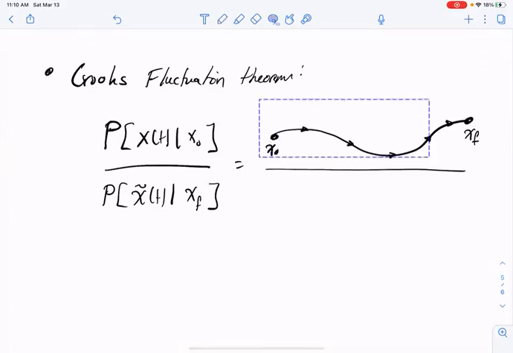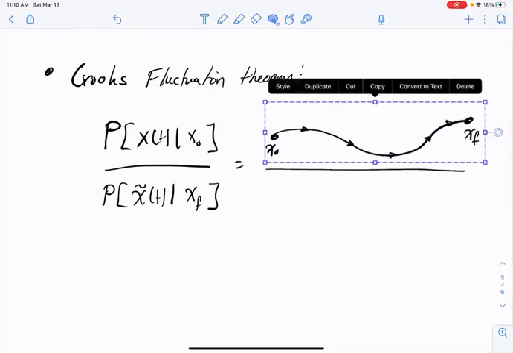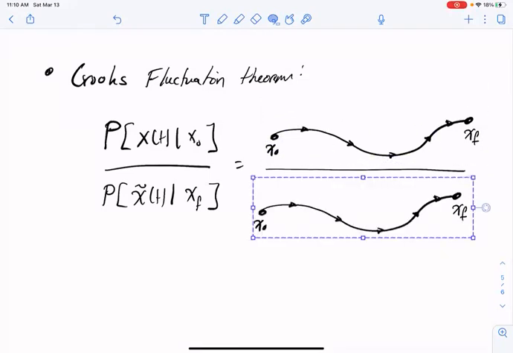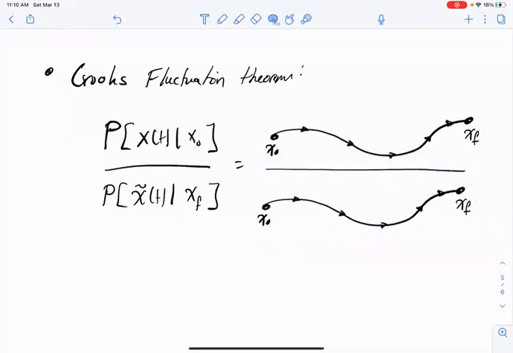I could then ask, what is the probability that if I started at x naught, or at xf, the endpoint of that trajectory, and integrated, what is the likelihood that I would have traversed that exact same path?